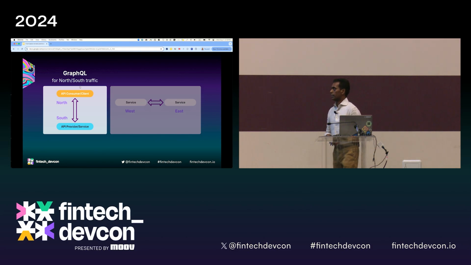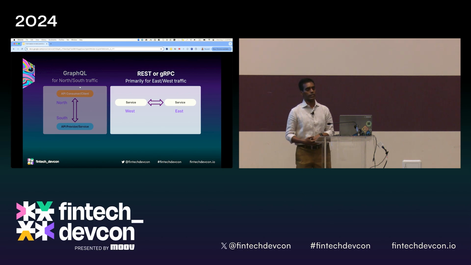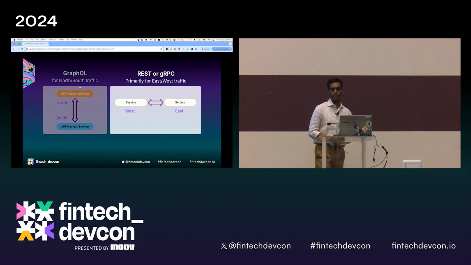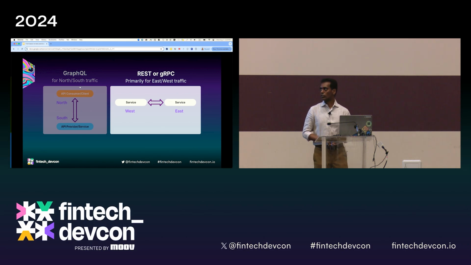For our east-west traffic, REST or gRPC is the path we have retained. This is primarily due to the fact that these communications are fairly well established. And one of the downsides, the cons of GraphQL, is that we cannot predict the load patterns.